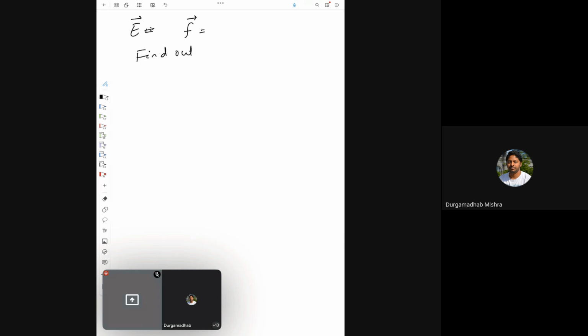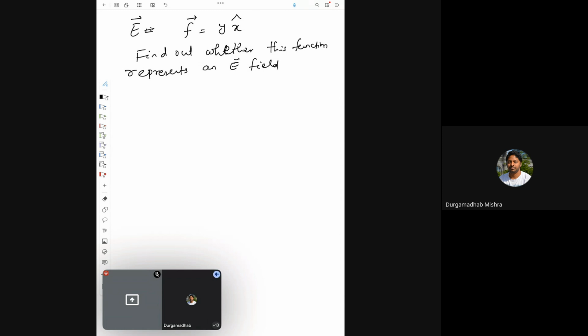Then what would be asked is to find out whether it represents an electric field. For example, I write F is some vector function, and it is asked to tell whether this will actually represent an electric field. So not every vector function is an electric field.